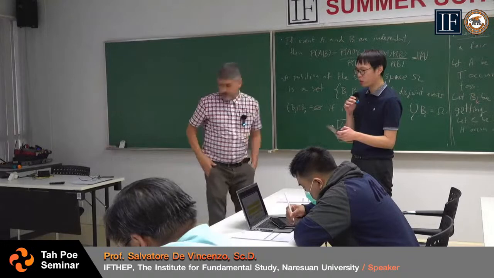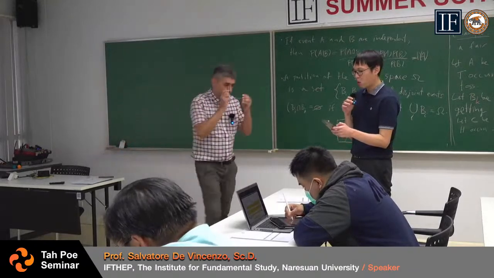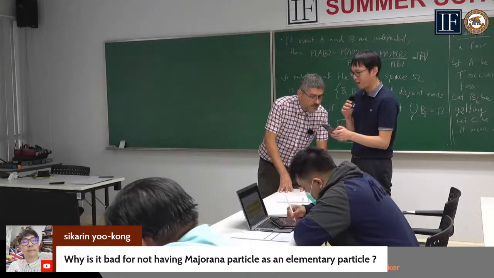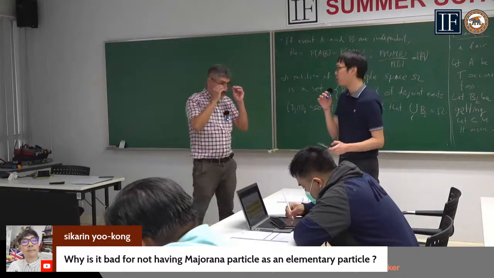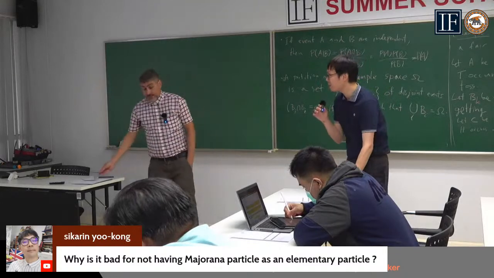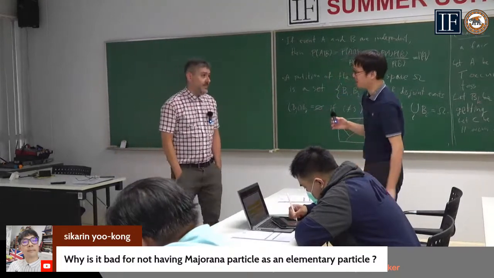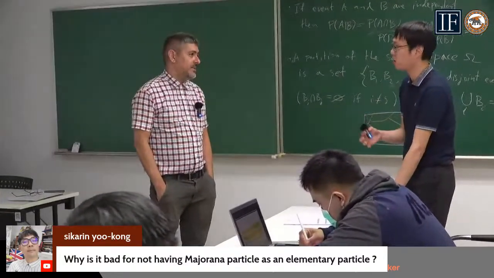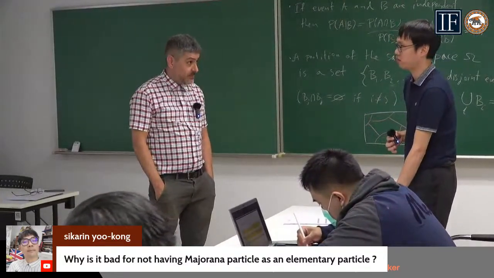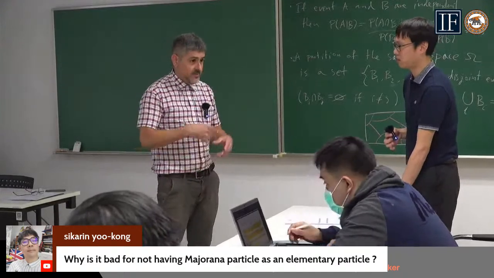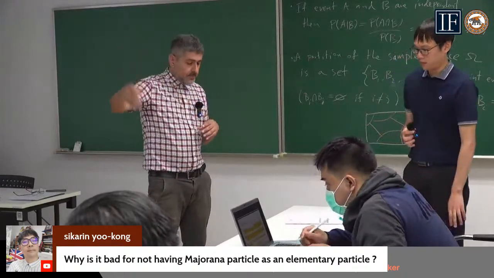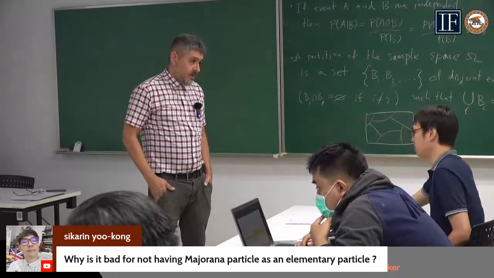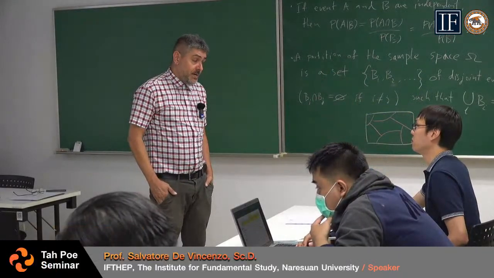The second question is: why is it bad not to have a Majorana particle as an elementary particle? Yes, it's really bad, because according to the standard model, neutrinos are really Weyl particles. That's the reason we put other things, physics beyond the standard model. Nobody knows.